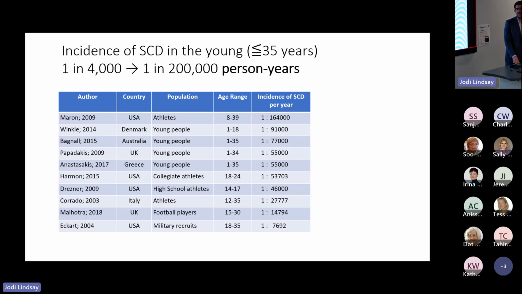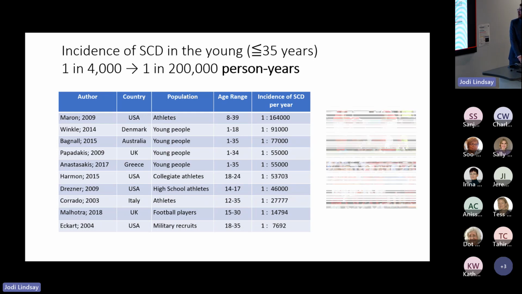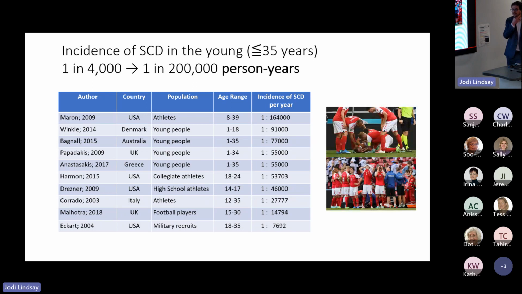Although there will be differences based on the population someone looks at, these are all young individuals, but a lot of it comes from the methodology that people use to assess the incidence of sudden cardiac death. And part of it as well is the fact that in a lot of them, cardiac arrests do not count.